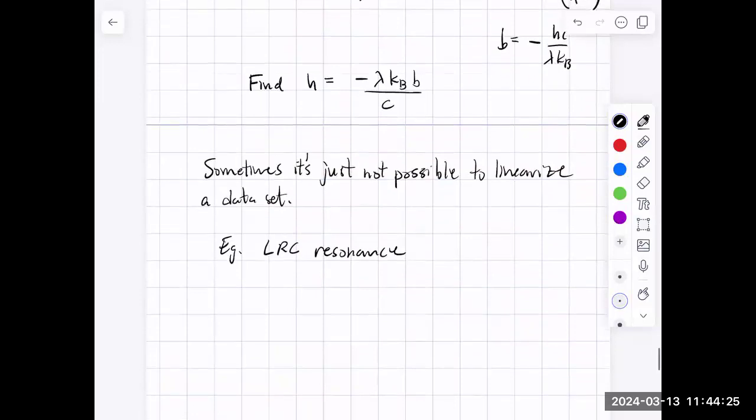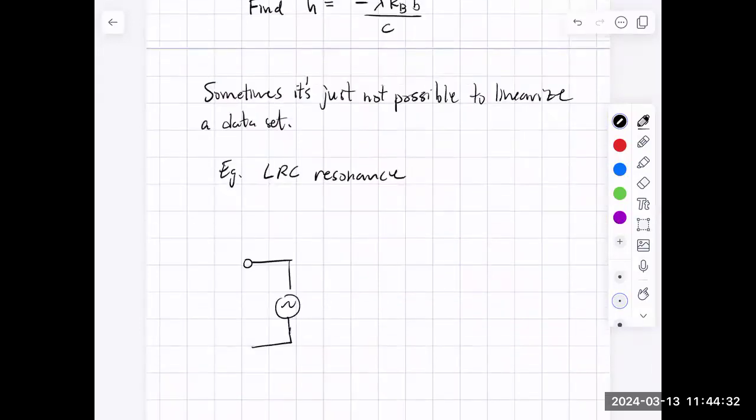We did a lab where we had a function generator, which was providing some input voltage, let's say V naught. And then we had an inductor and a capacitor and a resistor all in series.